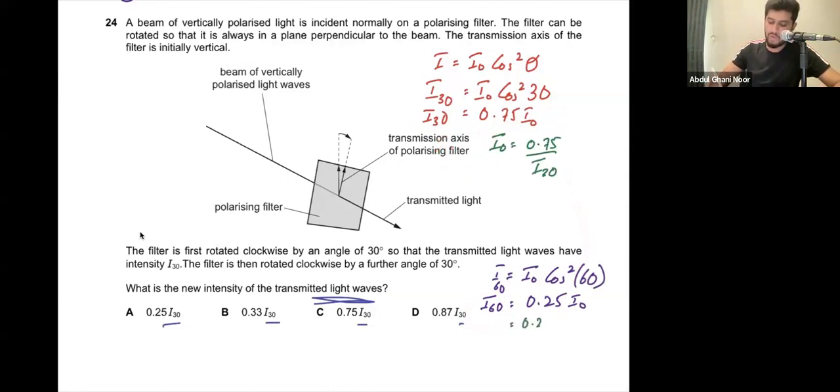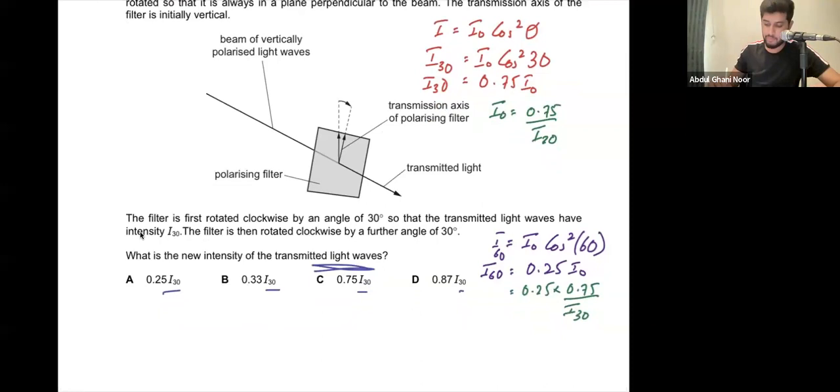So 0.25 multiplied by 0.75 upon I30. Sorry, I30 upon 0.75. Wrote it upside down. I30 upon 0.75.